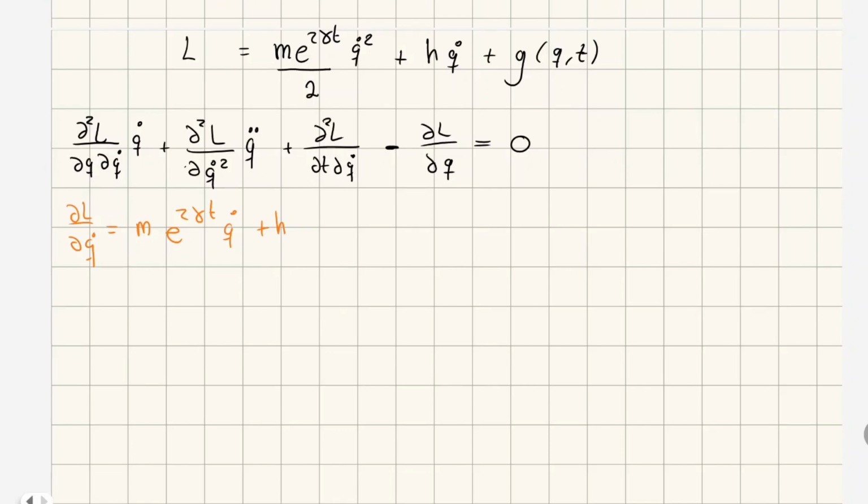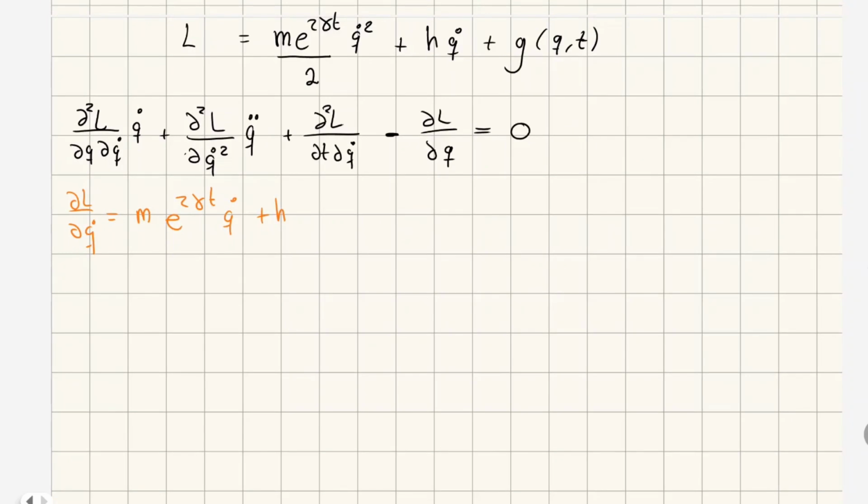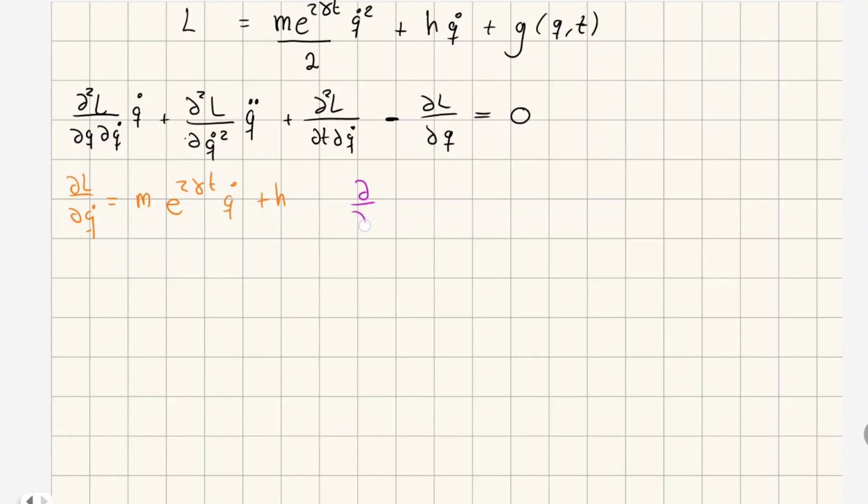Perfect. So now, first we have here the partial with respect to q of that thing that we just calculated, the partial of L with respect to q dot. So the partial with respect to q of the partial of L with respect to q dot will be just the partial of h with respect to q, looking that this term does not depend explicitly on q, so the partial of this with respect to q will be just 0.